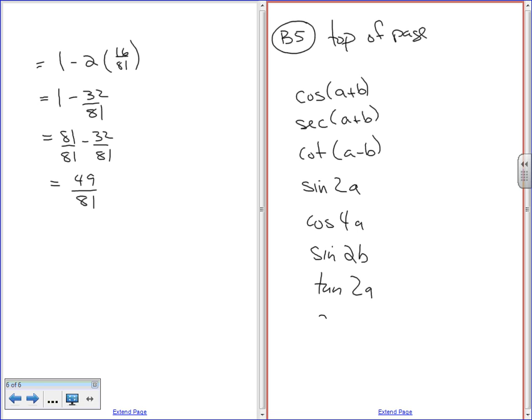Okay, so on the top of B5, use example number 4. Read the example, cover up the solution, don't look at it. Try to draw the diagrams because that's the most important part. Once you get the diagrams, answer these questions right here. If you can do that, you can do the second page of your test.